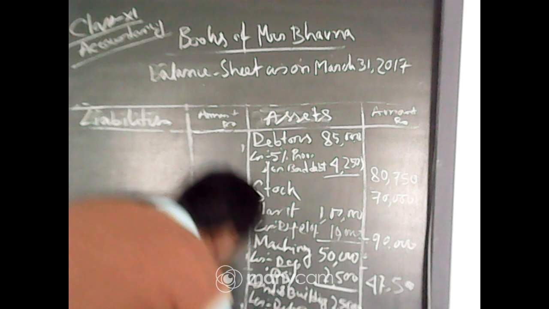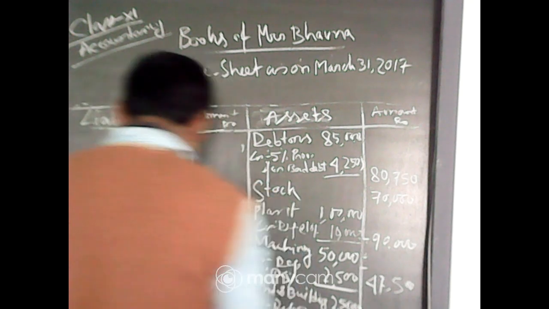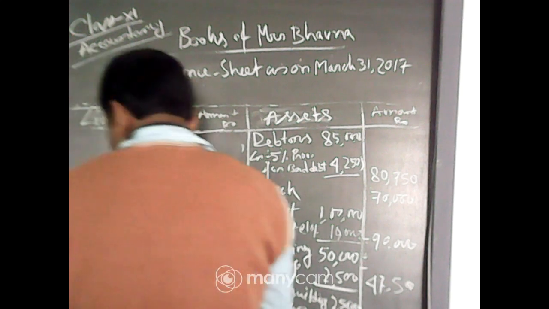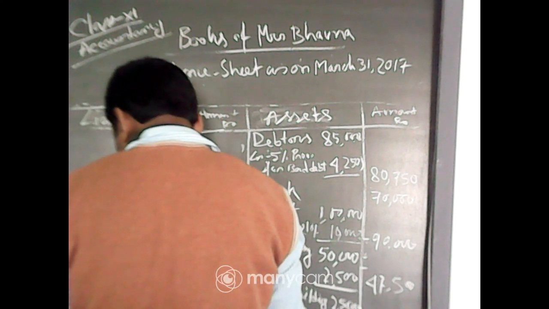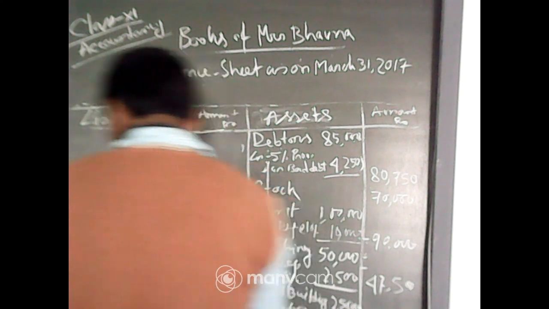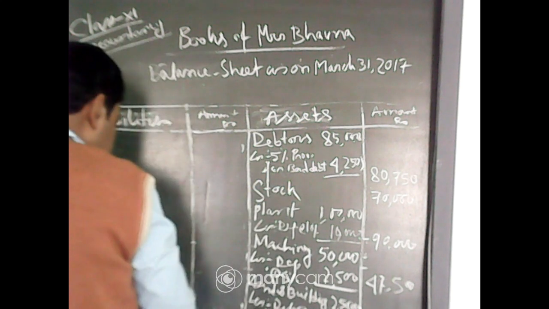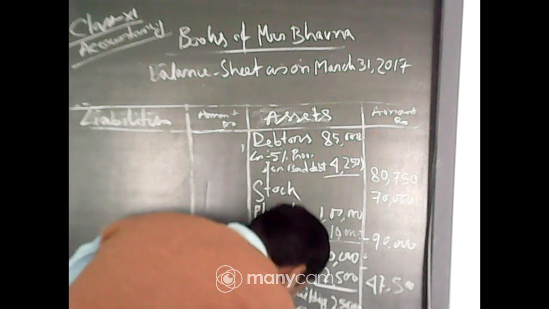Now cash in hand and cash at bank is there. From the cash summary you can easily get the cash in hand and cash at bank. Balance at bank on March 31, 2017 is given, and cash in hand also given. So cash in hand is 7,000.